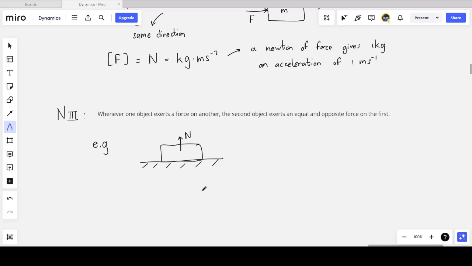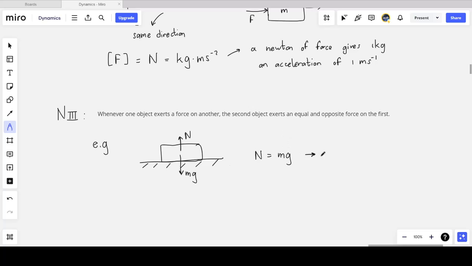It's a force that the table surface exerts upward on the box, and the earth pulls the box downward, and so it has a weight mg. And since this box is not moving, N is equal to mg. The normal reaction force acting perpendicular to the surface upward balances the weight downward.